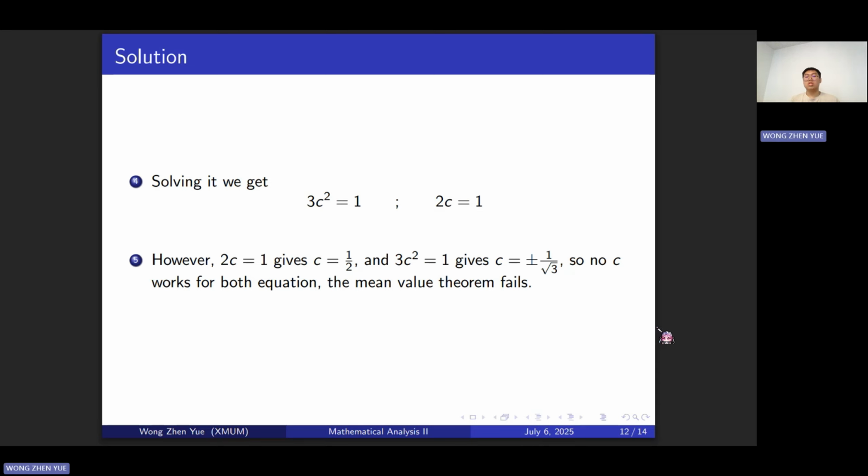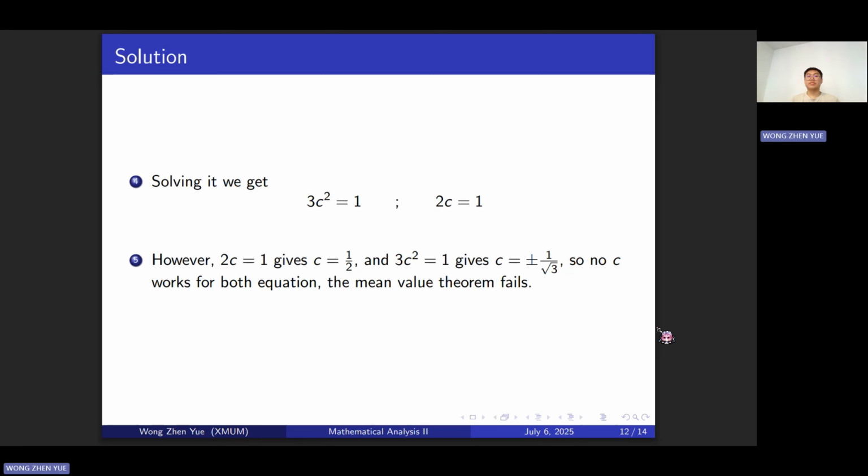So in conclusion, you can't expect that a single derivative will perfectly match the average change from point A to point B. That's why the general mean value theorem for single variable functions cannot work here.